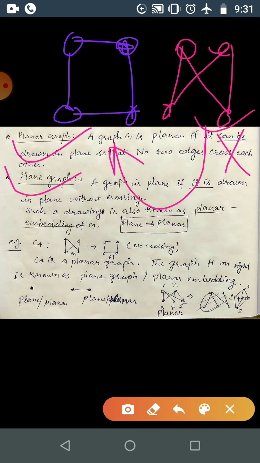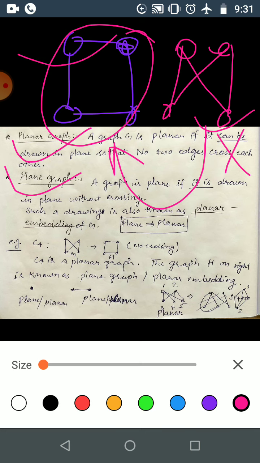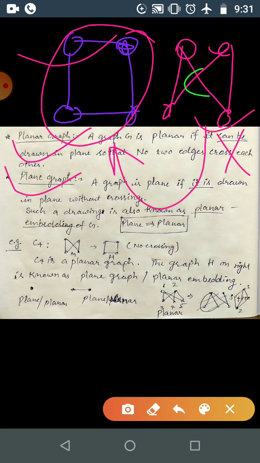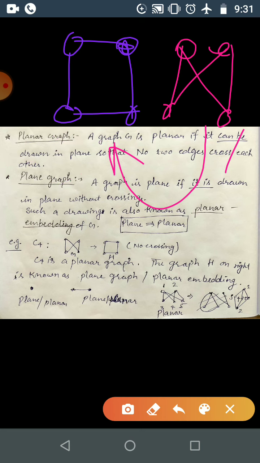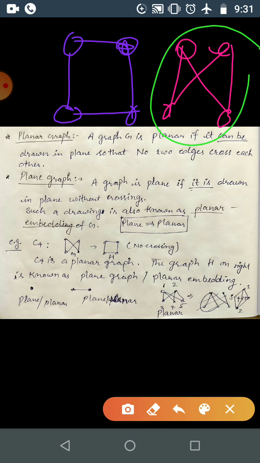Because this graph is drawn like this, if you redraw it and just twist one edge, you will get C4 such that no two edges cross each other. So this crossing part will not be there. That will be the plane version of this graph, correct? But now it is not plane, because it is not drawn such that no two edges cross each other.